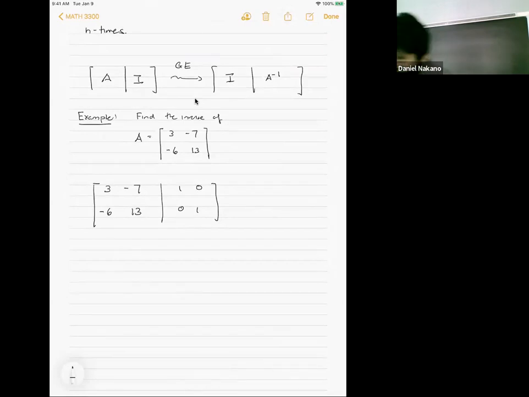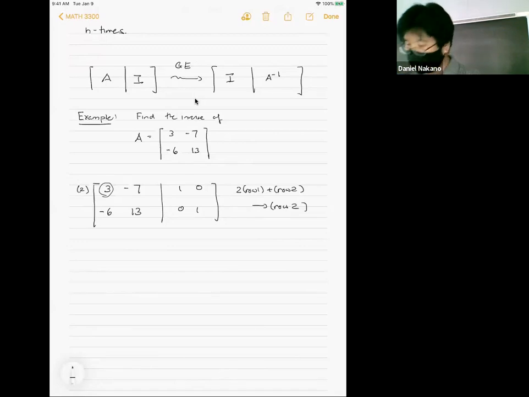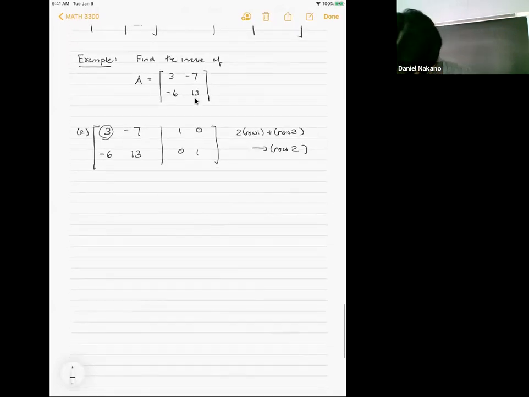So again, we want to use the 3 as a pivot here. So let's do that. I'm going to multiply the whole first row by 2, keep the first row the same, and then add it to the second row and put the result in the second row. So again, 2 times row 1 plus row 2, and we're going to insert this into row 2. Okay, so let's do that. Sorry, I'm going to go kind of slow on this just to make sure that we understand all the steps.